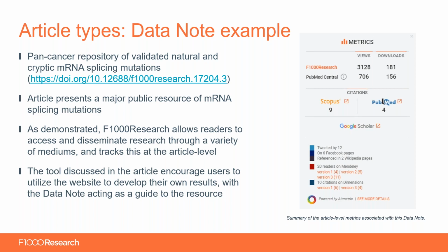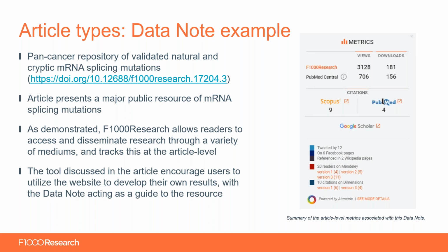This is a paper published on the platform by Professors Ben Shirley, Elasios Moukaki, and Peter Rogan. This paper presents a significant public resource of mRNA splicing mutations, which were validated according to multiple lines of evidence of abnormal gene expression. Of course, if this is a topic that interests you specifically, I'd encourage you to find the paper on F1000 Research to learn more.